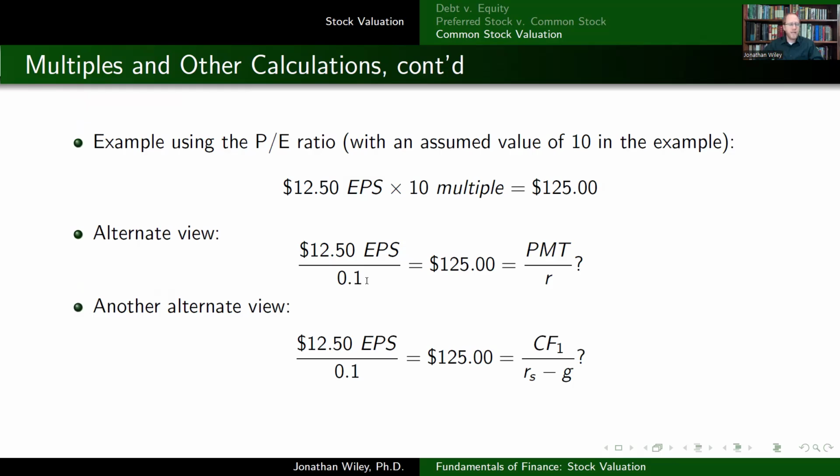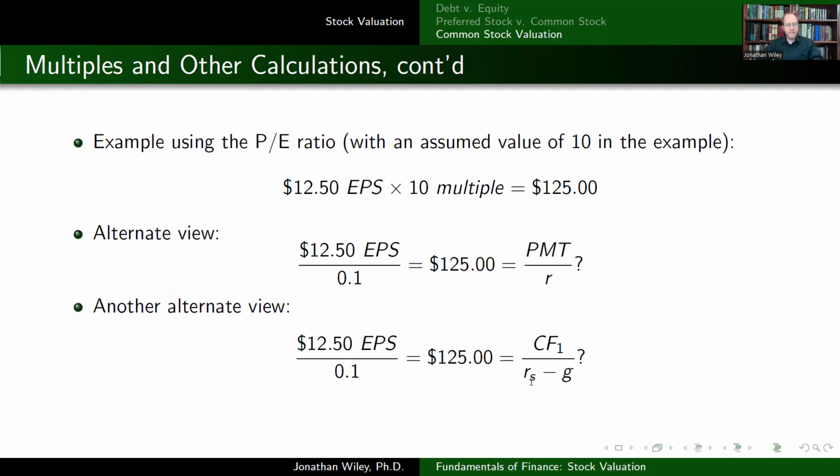Okay. And if I use a higher discount rate, that would actually be equivalent to a smaller multiple, which would mean the stock is worth less. Another way to look at that would be, if this is my projected earnings per share divided by 0.1, then dividing by 0.1 is the same thing as multiplying by 10. That gets me to my 125. But another way of viewing that would be, what if that denominator of 0.1 was the result of doing an r_s minus g, like a constant growth model?